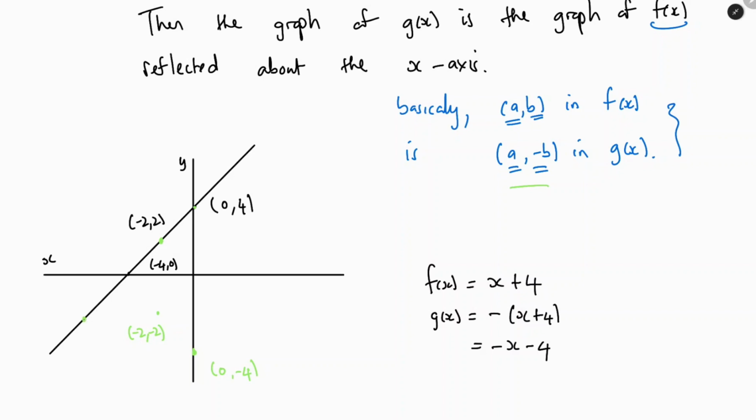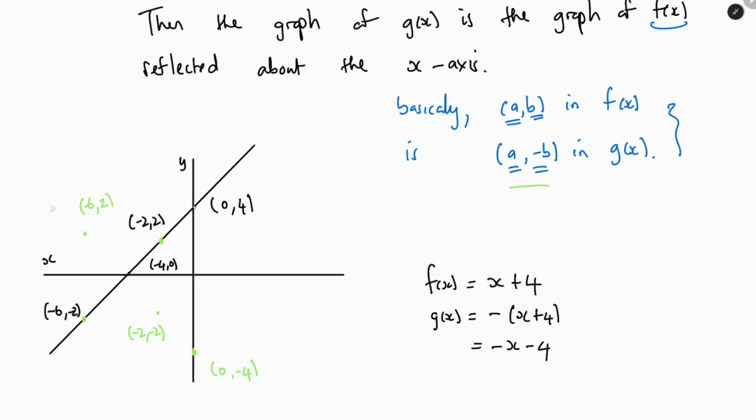We can take this point over here, which would be (minus 6, minus 2), and you can check that. It's very easy to check. So again, if we're looking for the corresponding point in g of x, we're just going to take the y coordinate and change the sign. So that means we're going to have the point (6, minus 6) and positive 2, so minus 2.